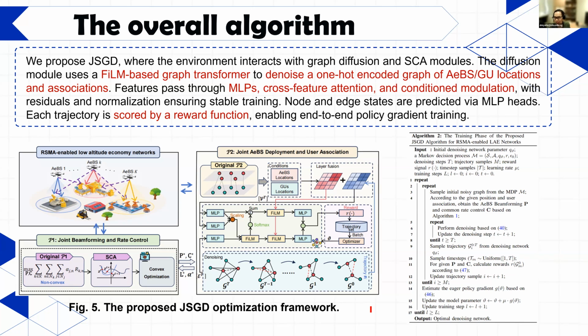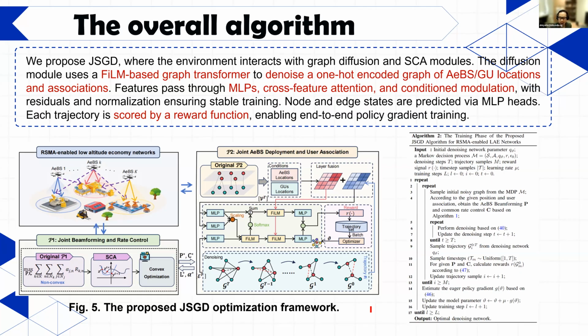The node and edge states are predicted via the multi-layer perceptron head, and each trajectory that we generate, the different graph for the network, is scored by the reward function. That means we can evaluate the effectiveness of the trajectory, which is equivalent to maximizing the reward function. This enables end-to-end policy gradient training.